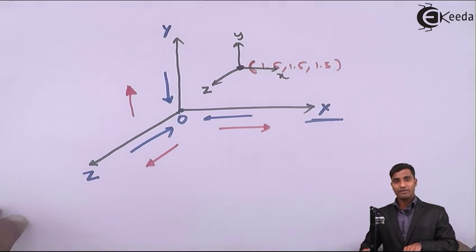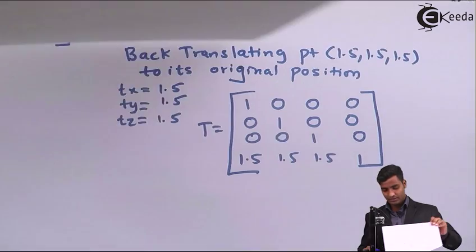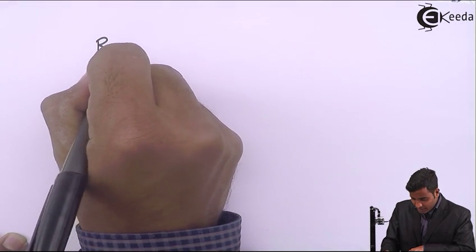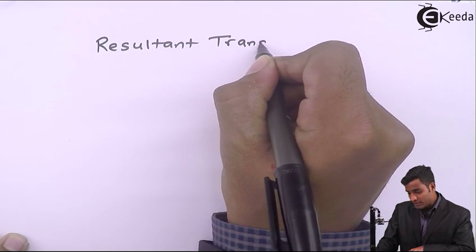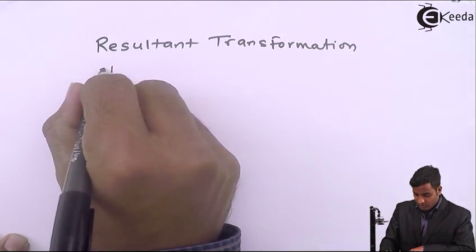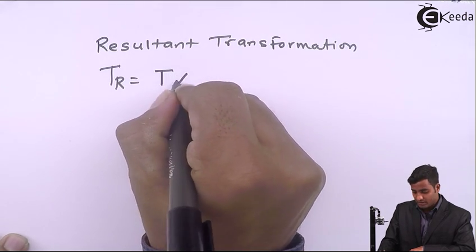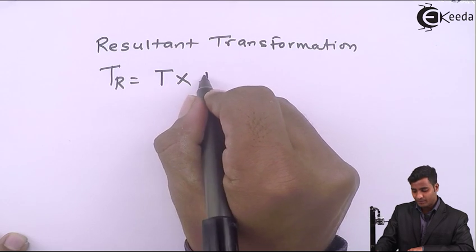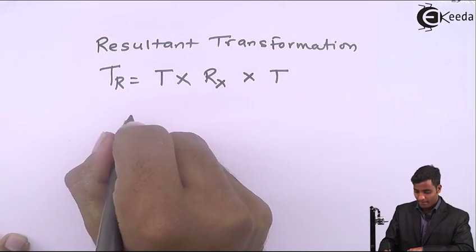So we will find the resultant transformation, which is also known as the total transformation, represented by TR. First we have done translation, then we have rotated about the x-axis, then we have done back translation.